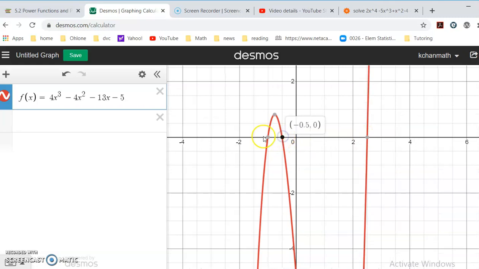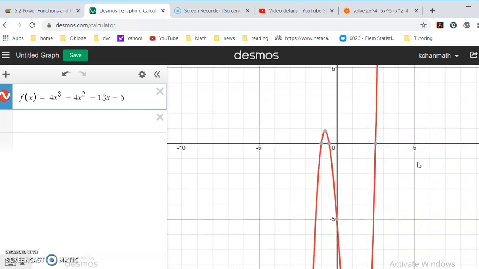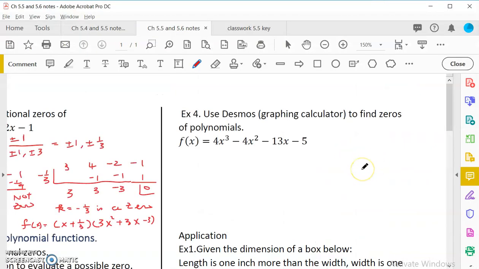So you don't have to do any guessing. That's all the zeros. So you can just document it. So use Desmos.